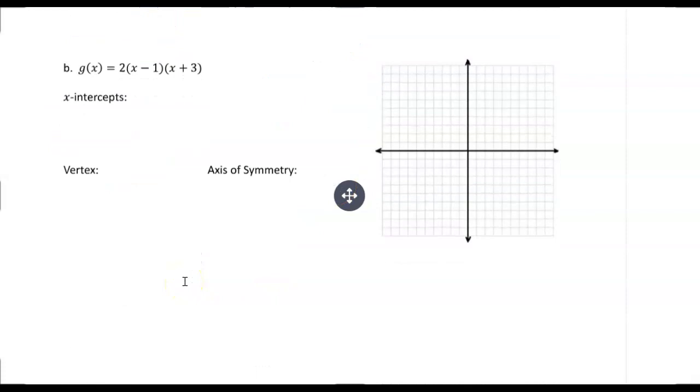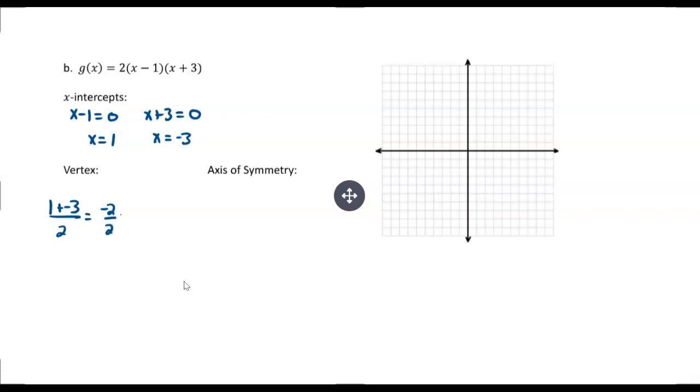Okay, so this works the exact same way. For your x-intercepts, you have x minus 1 equals 0, that gets you 1. And you have x plus 3 equals 0, that gets you negative 3. So there are your x-intercepts. I'm going to go ahead and find the vertex before I graph it to see how big my scale needs to be. If you know the intercepts, you add them and divide by 2.